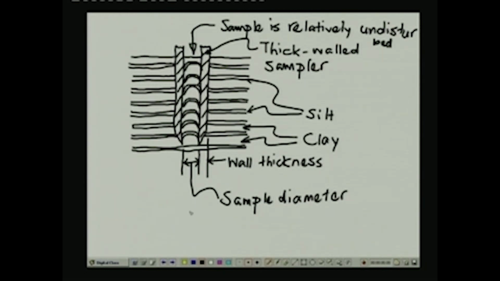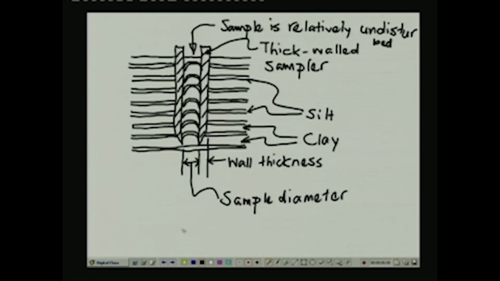The other important thing is that the amount of distortion or bending of the laminations inside samples taken by the thick wall sampler is greatly minimized if the wall thickness of the sampler becomes smaller and smaller.